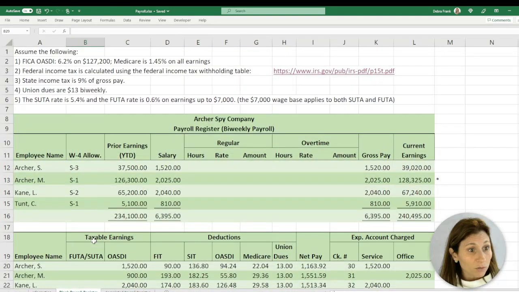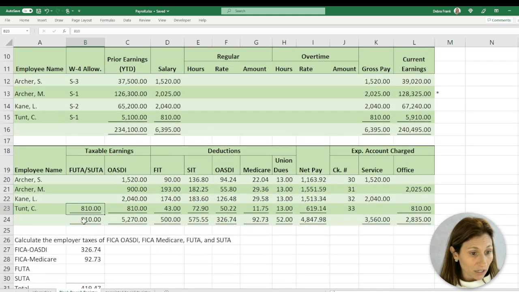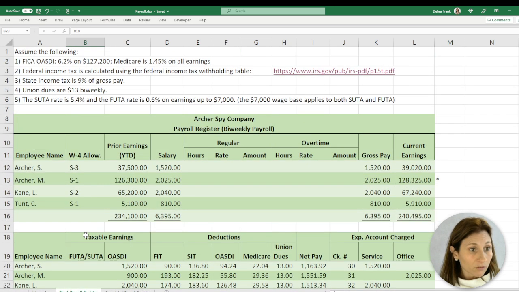Now we have FUTA and SUTA. That's what the employer pays, and that is on earnings up to 7,000. So only earnings up to 7,000, and we see again that Tunt was the only one that was not over 7,000, and we had done that. We had made a column for that amount saying only 810 is going to be for FUTA and SUTA tax. So FUTA is 0.6%.